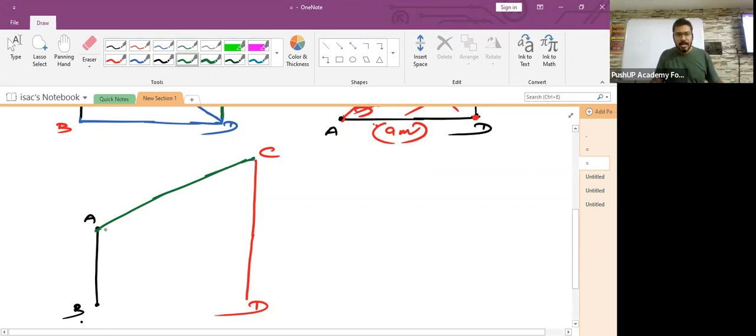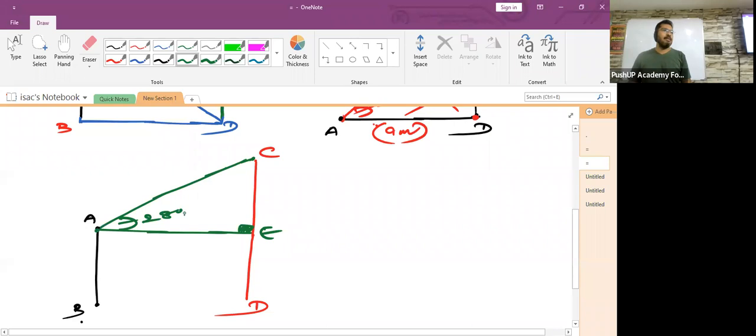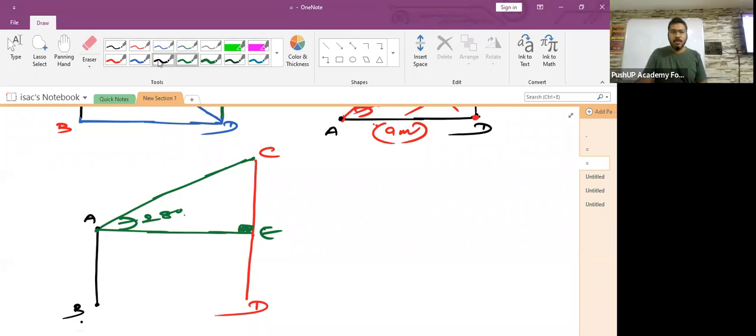And from this point A, if I draw an imaginary horizontal to point E, can't I say this angle is equal to how much? 28 degrees. Done, children. Angle of elevation is done. Are we going according to the rules and regulations of heights and distances?